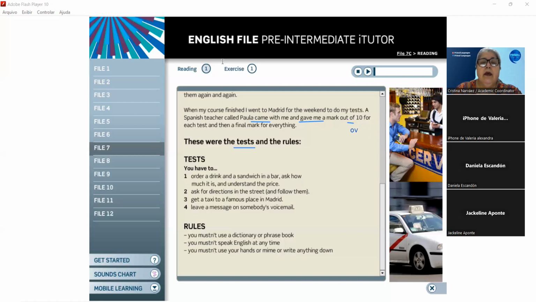Okay, and then we have it is. Estaba bien pronunciado, pero hay que darle como más rápido. How much it is, you know how much it is. How much it is, okay? And get a taxi. Yes, follow them, follow. And somebody. And here, mime.